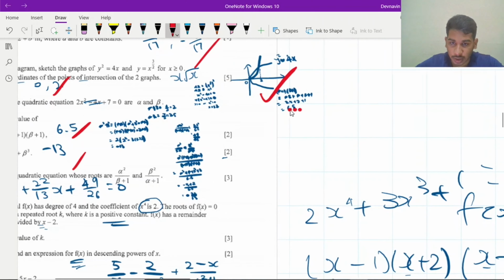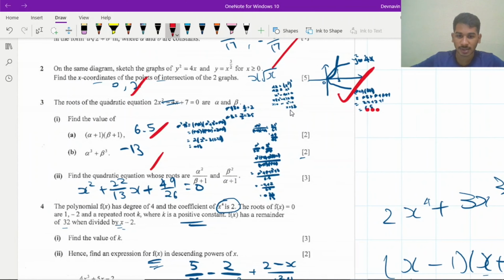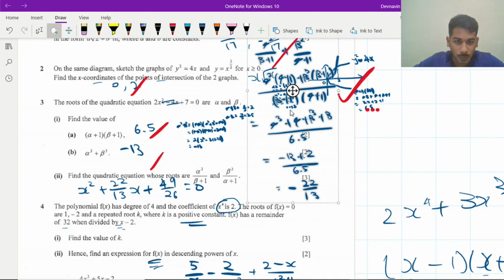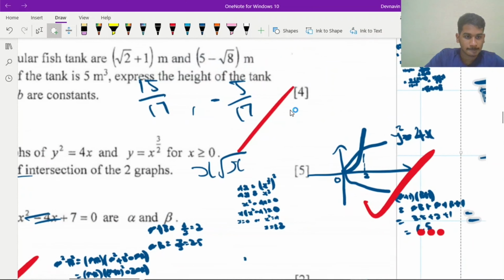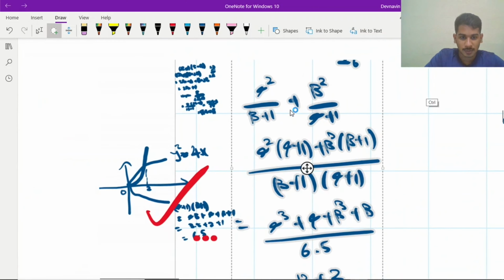Let me check how do I, okay. So this is why we have this, which is helpful. Let's see. Sum of roots should be here somewhere. What am I doing?